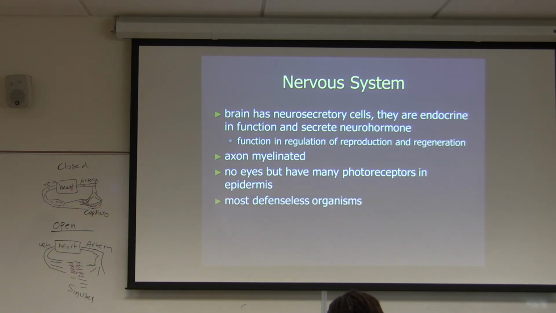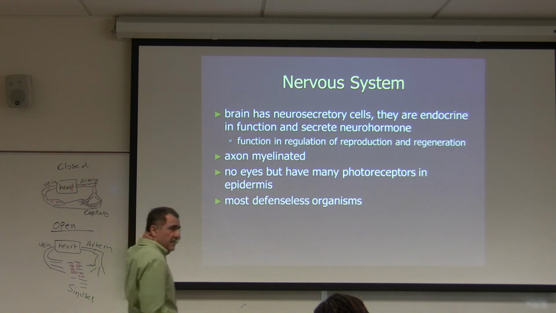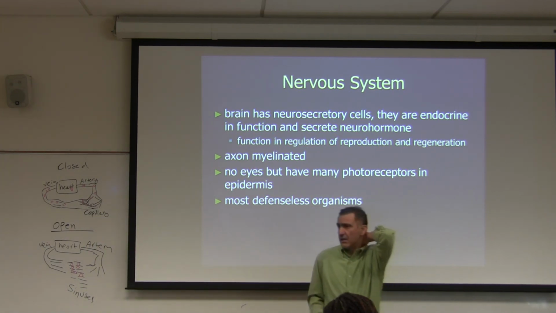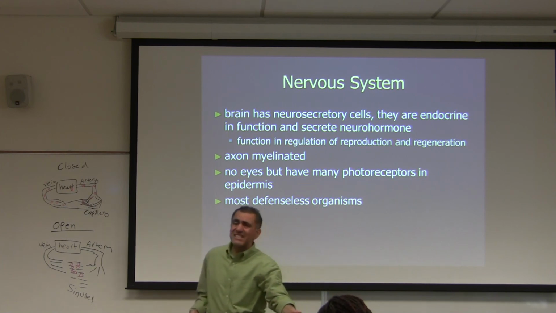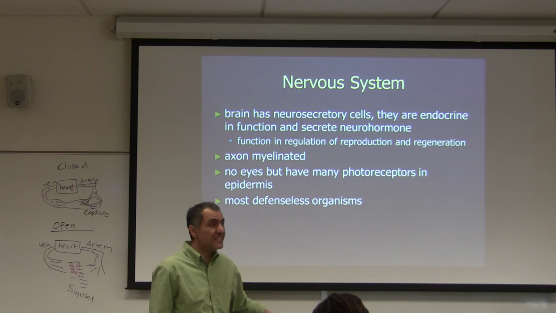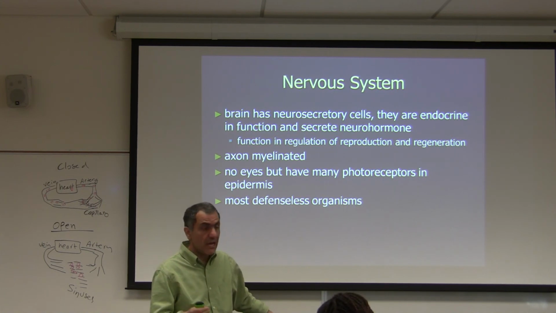Same. Most defenseless organisms on planet Earth. Over a period of time, they did not develop any sense of defending themselves. They are more defenseless than jellyfish. Jellyfish is a simpler animal, but they have a system to defend themselves. Jellyfish, for example, the first group of animals. Even sponges.